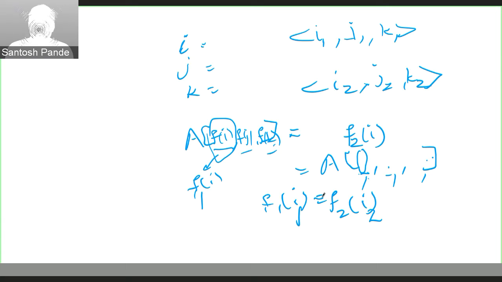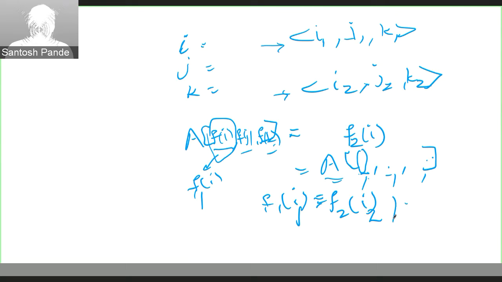I have somehow found out for these two iteration vectors that I evaluated these functions. This is my first index into the loop, which is a function 1 of I. I took function 1 of I1 and evaluated it at this particular value of I1, and then took this particular reference, where f2 of I was there, evaluated it at iteration point I2, and I found them to be equal.